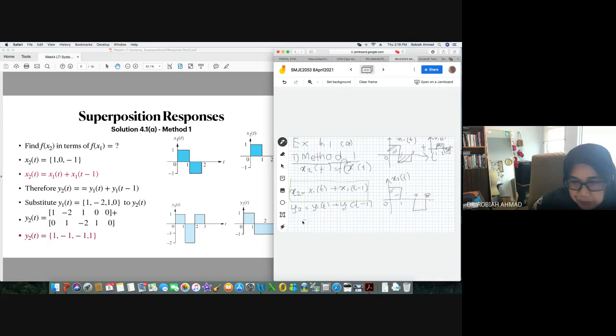When we put it in terms of a matrix, y1 is 1, minus 2, 1, 0, for y1(t), plus the shift. The shift means 0 here, then we have 1, minus 2, 1.